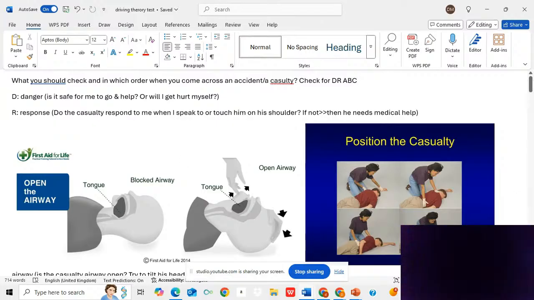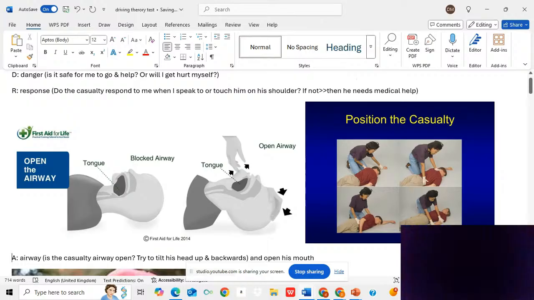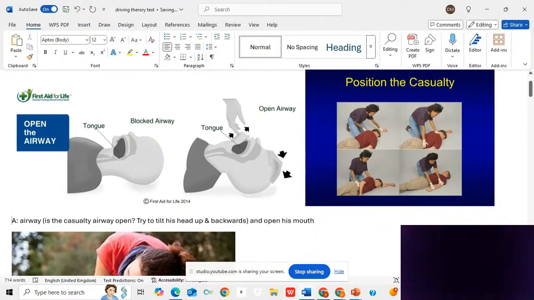The next thing you need to check is the airway of the casualty. Is the casualty's airway open? Sometimes his tongue may obstruct his airway, or the casualty may be in an unrecovery position.